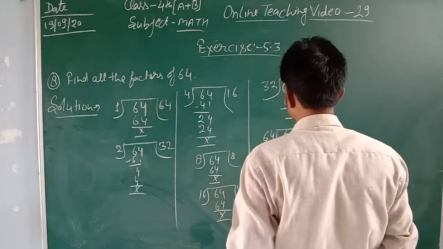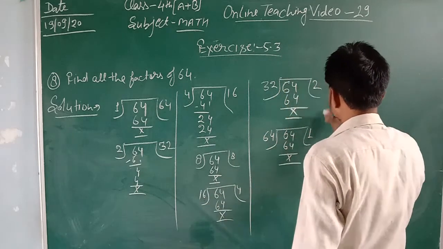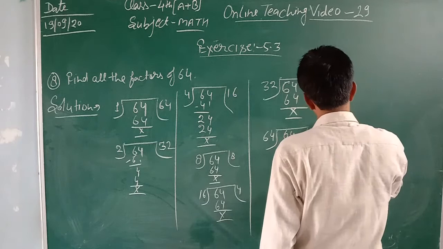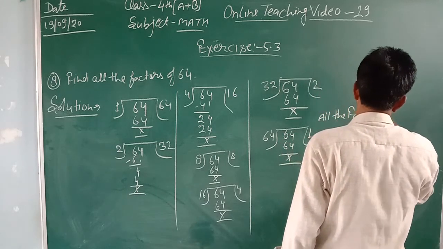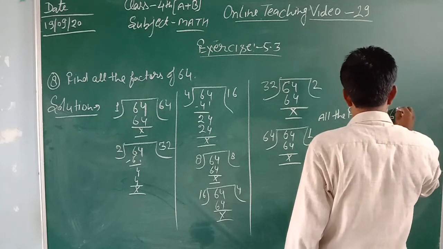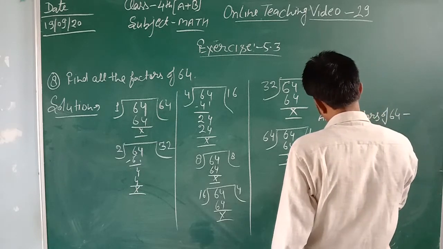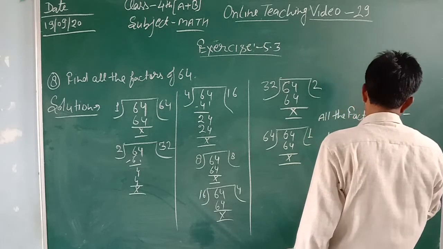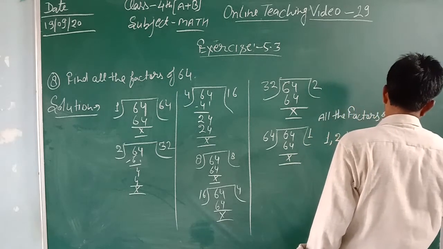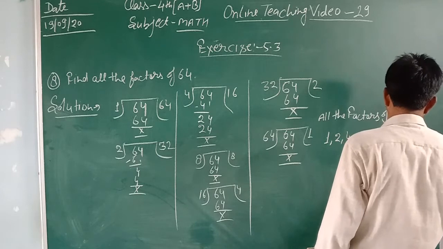So 16 4 जा 32, 64. So we will write all the factors of 64: 1, 2, 4, 8, 16, 32 and 64.